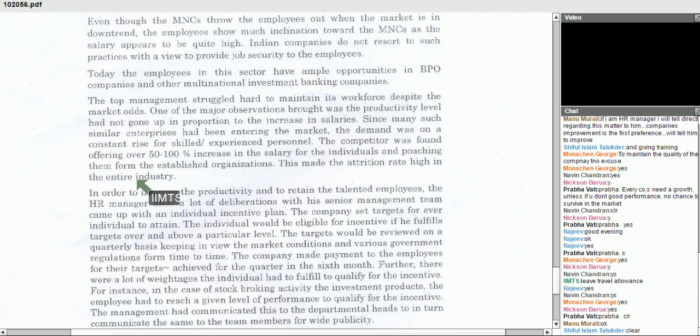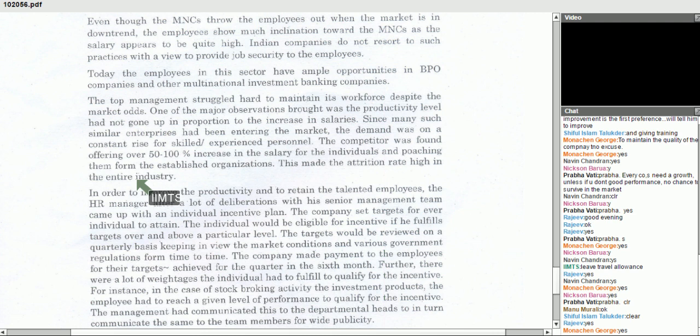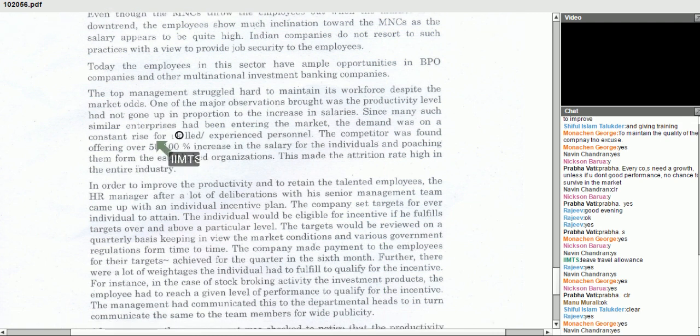So are all of you understanding the problems the organization is facing? One reason is their competitors are paying more. Other reason is that the productivity level has not gone up in proportion to the increase in the salaries, right?